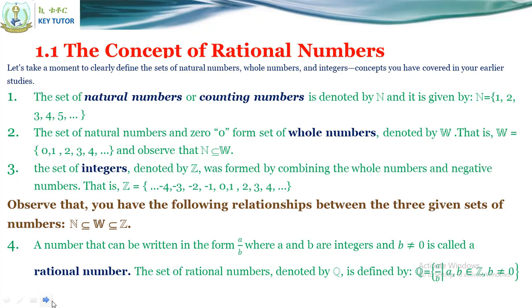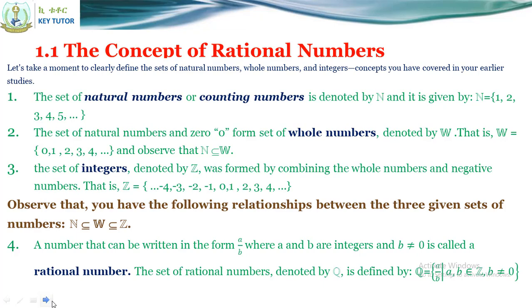Now here an additional concept is the concept of rational numbers, which is the focus of this chapter. A number that can be written in the form of a over b, where a and b are integers and b is different from 0, is called a rational number.